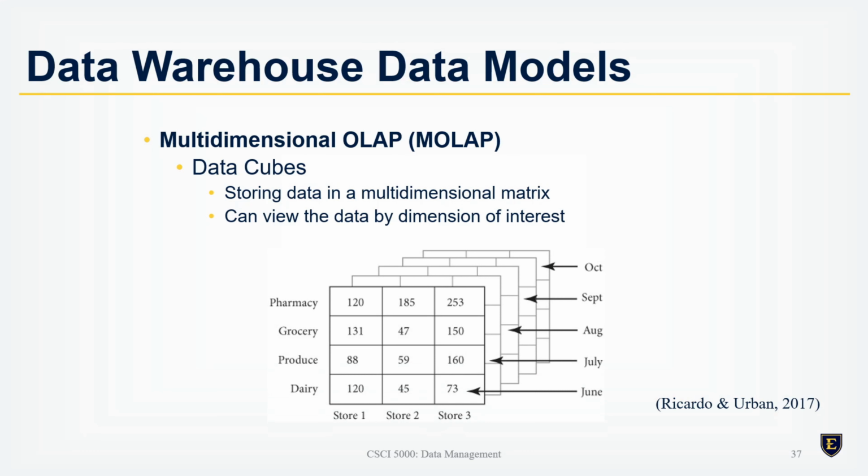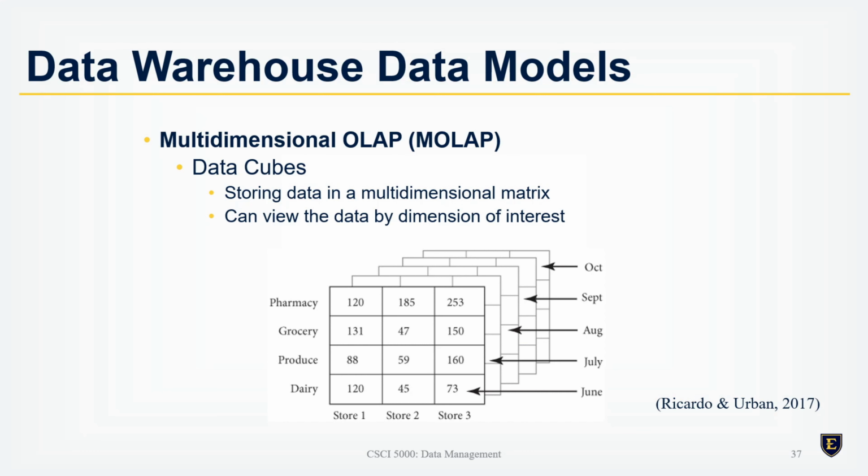We have, in this case, one dimension is the type, one dimension is the store, and one dimension is the month. So in this particular case, the face that's showing is the month of June, and we can see the number of dairy sales for store number 3, the number of grocery sales for store number 2, the number of pharmacy sales for store number 1. But these are all in June.